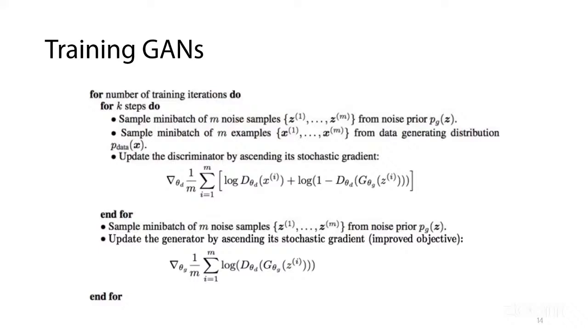So putting this all together, this is the usual pseudocode for the training of GANs. We have the for loop, and inside of the for loop, there are two parts. The first part is the update of the discriminator. The gradient for the discriminator is based off of these two terms, the discriminator loss and the generator loss.